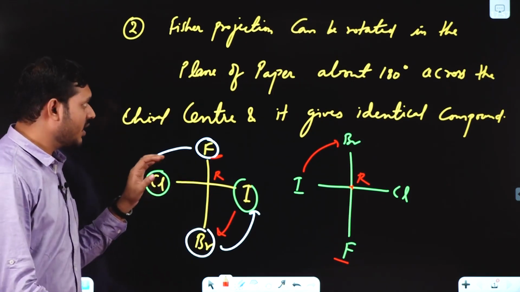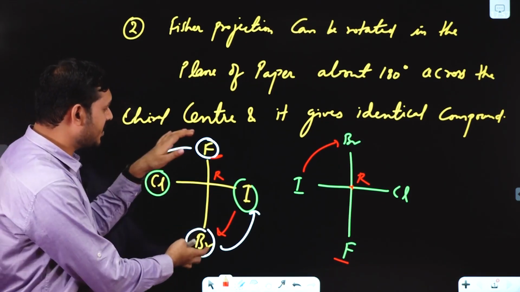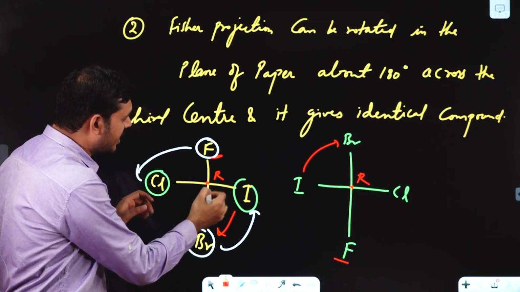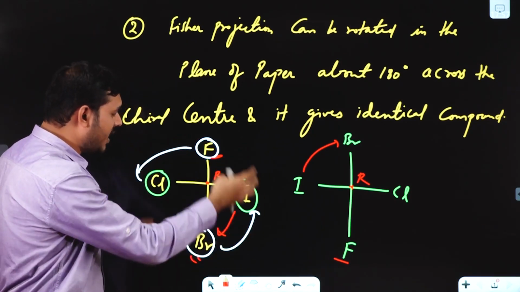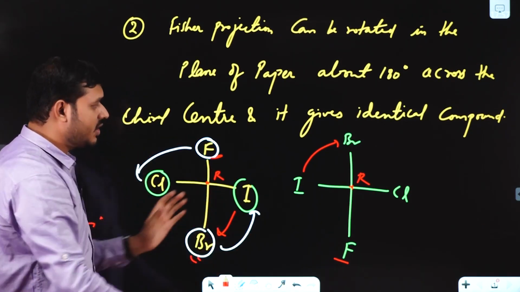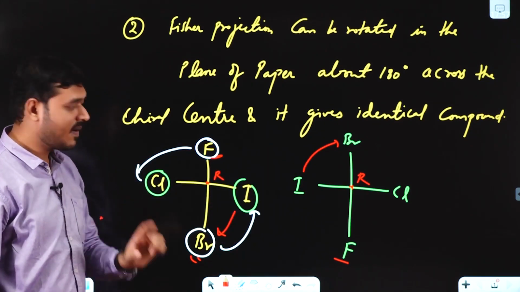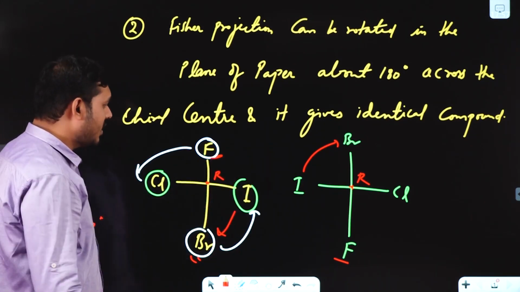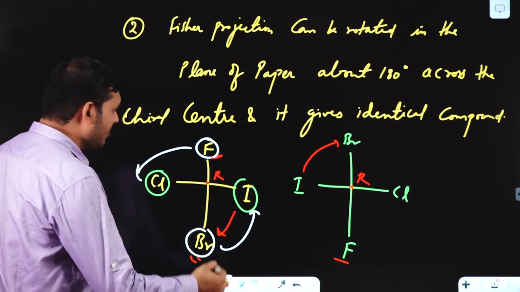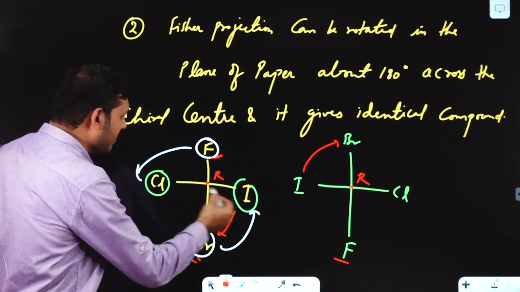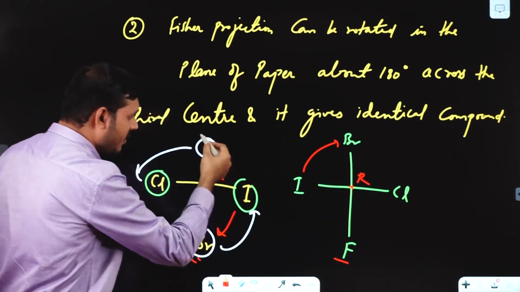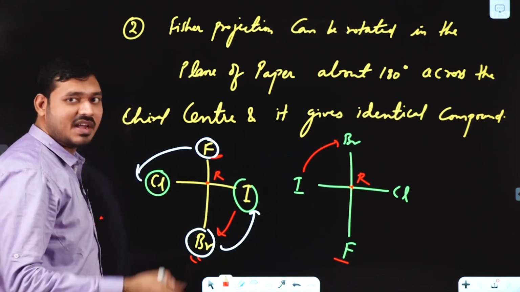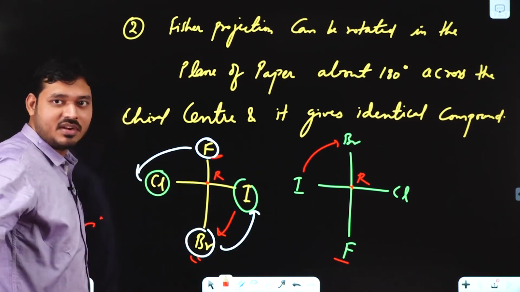Means if you rotate the Fisher projection across any chiral center by 180 degrees in the plane of paper, you will get an identical molecule. Clear? Now checking by even or odd interchange. See what I have done: iodine-chlorine one interchange and fluorine-bromine one interchange, so it has two interchanges. Clear to everyone?